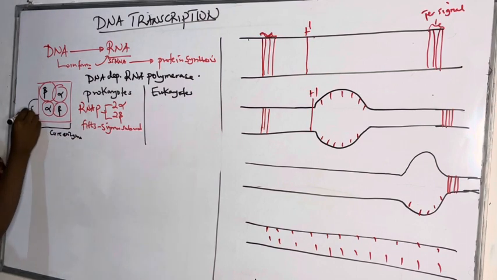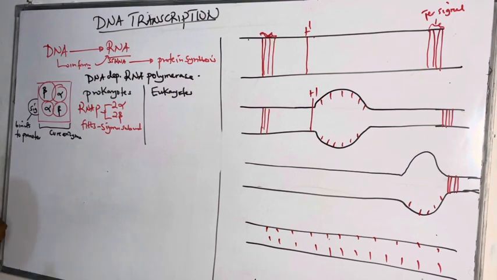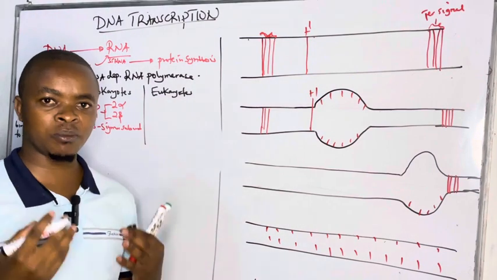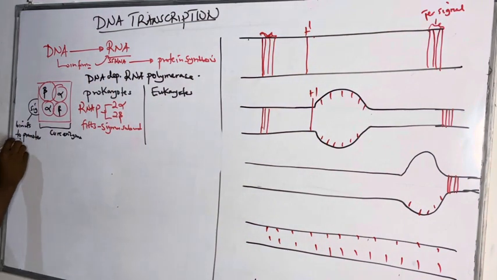Then the sigma subunit, the 5th subunit, binds to the promoter. What makes the RNA polymerase holoenzyme recognize the promoter region is the sigma subunit. The sigma subunit binds to the promoter region to initiate transcription.